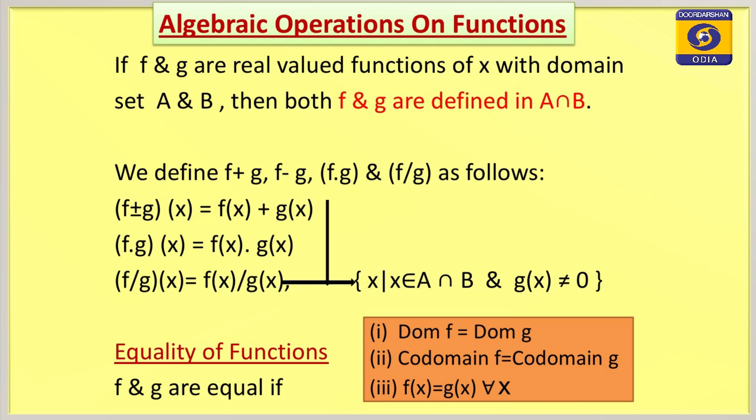But there is one condition: if the domain of the function f is A and the domain of the function g is B, then the domain of f plus g, f minus g, fg and f by g should be the intersection A intersection B. And there is one extra condition for function division: (f by g)(x) is equal to f(x) by g(x), where g(x) should not be equal to 0 because division by 0 is meaningless.